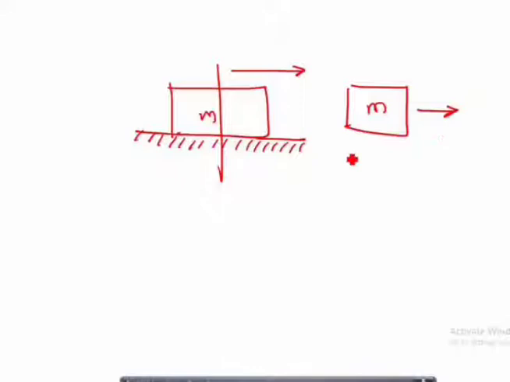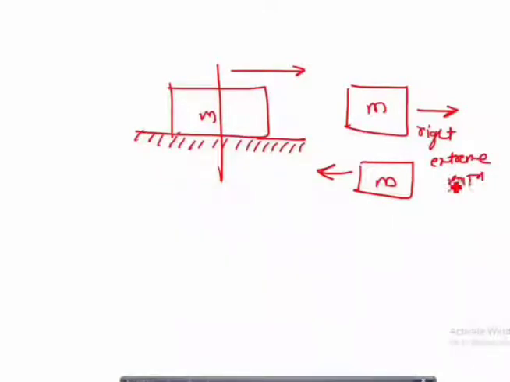In the second case, the mass is towards the right side, but it is moving towards the left, because when the mass moves to the extreme position, the right extreme position, the kinetic energy becomes zero and potential energy becomes maximum, and the mass will try to move towards the left side.